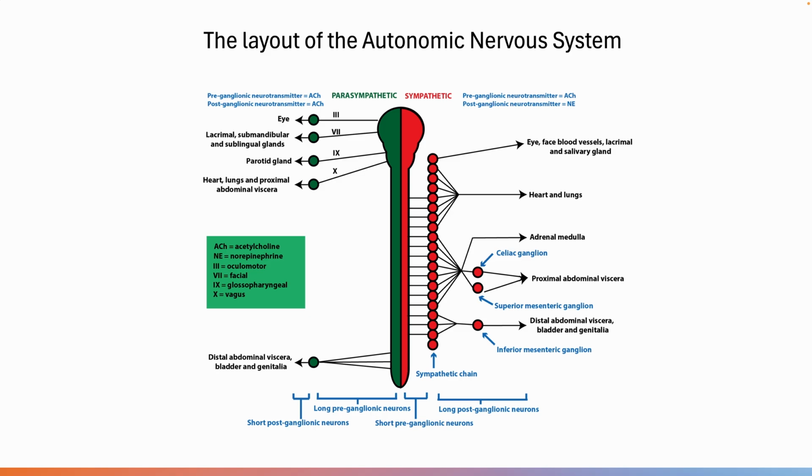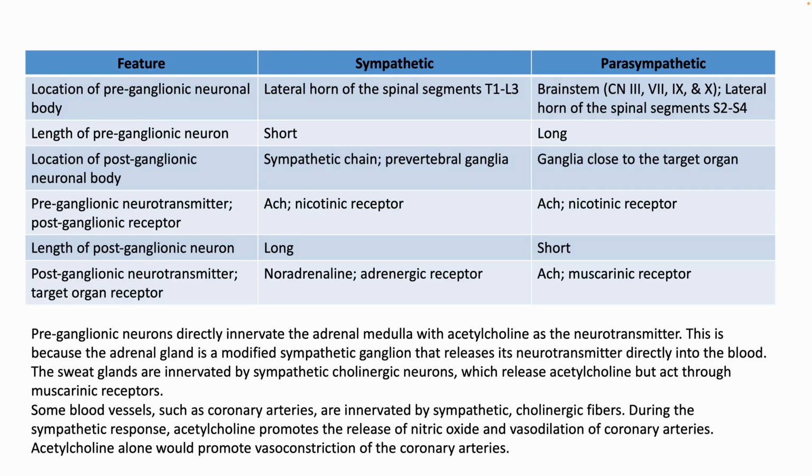In the ganglia, the preganglionic neurons release acetylcholine, which acts upon postsynaptic nicotinic receptors. This is exactly the same as the sympathetic nervous system ganglia. At the target organ, the postganglionic neurons release acetylcholine, which acts upon postsynaptic muscarinic receptors.